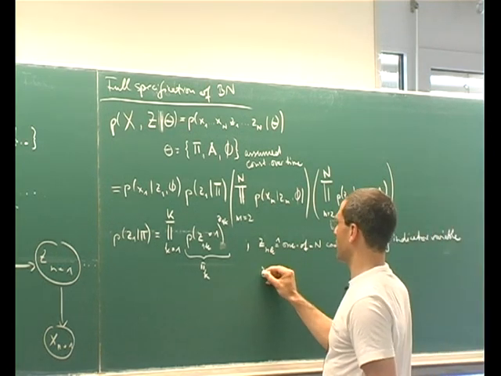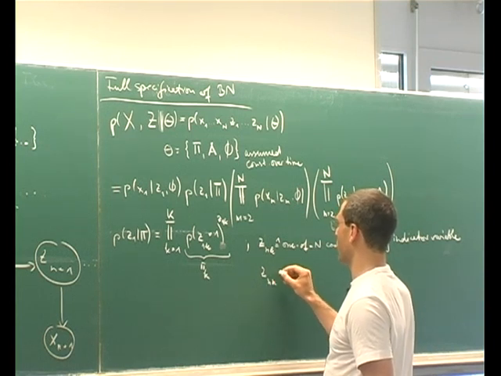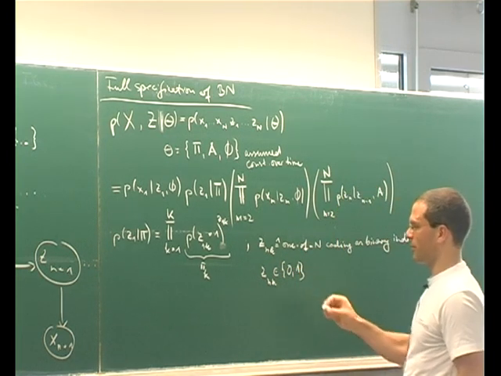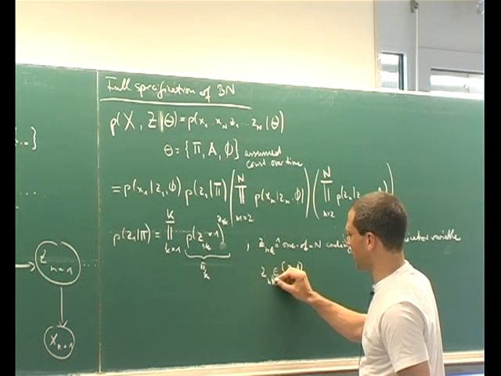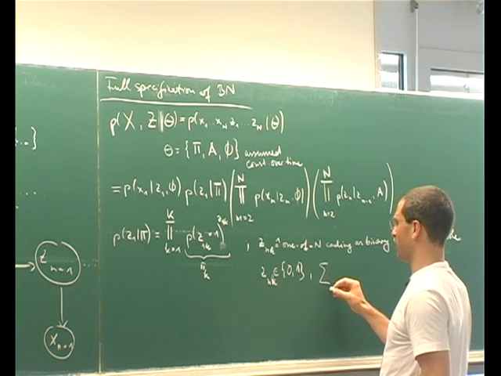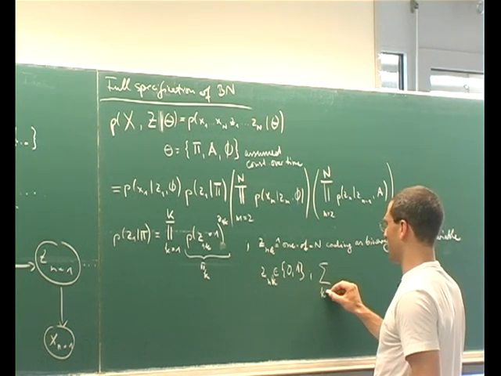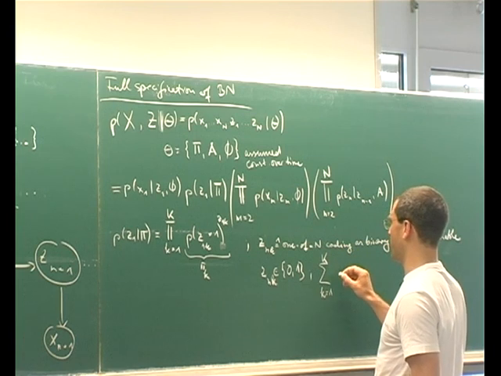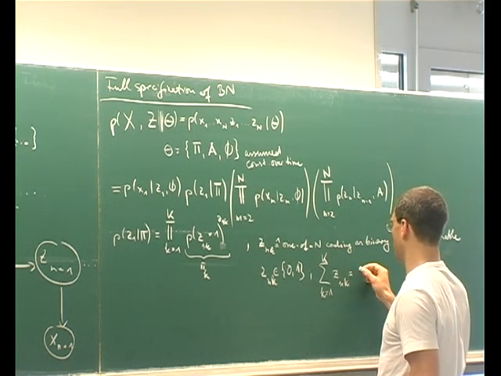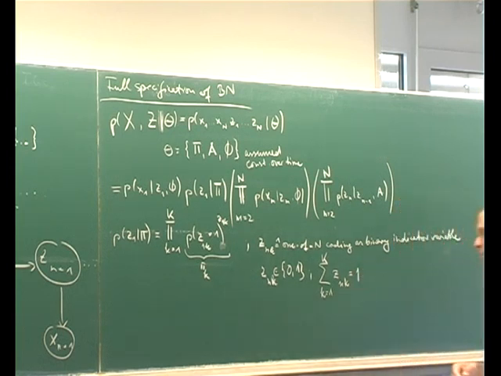So what I mean by that is that each z_nk can only be 0 or 1. And since we have only exactly one hidden state that is active at a given time, we have this constraint that summing over all states k, exactly one of these indicator variables must be 1.